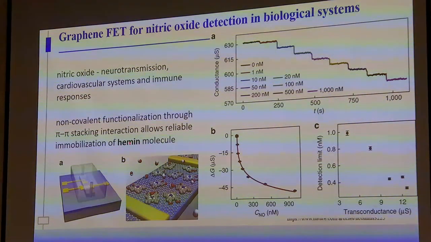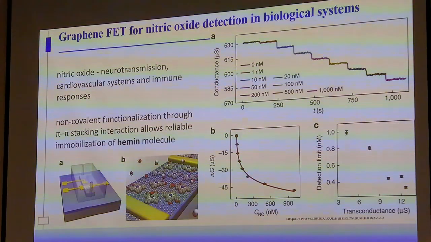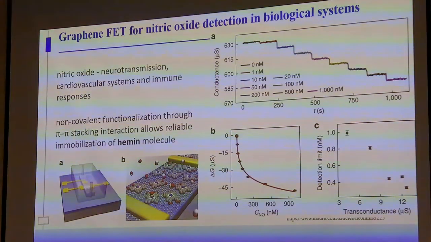So the amine molecule was immobilized on the graphene using pi-pi stacking. When we measure the conductance with different concentrations, even if you add 1 nanomole, we see a spike signal here. Depending on the molarity of the injection, we can see the signal enhancing. So just having this molecule on the graphene, we have a very selective signal for NO.